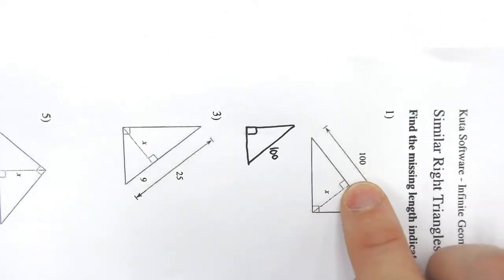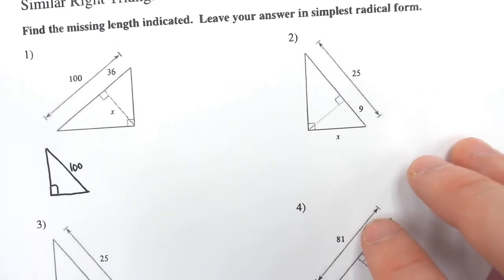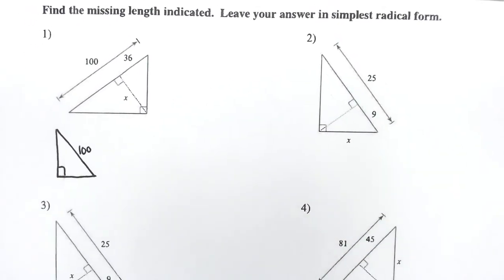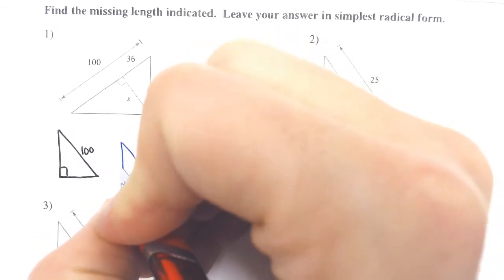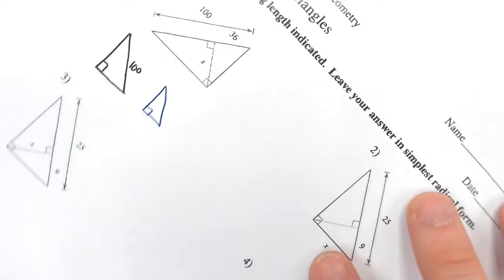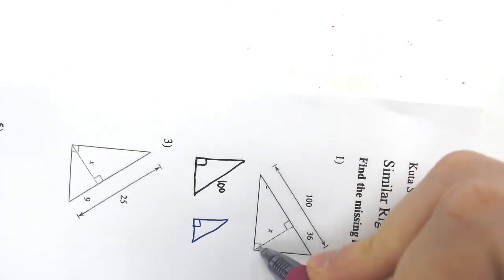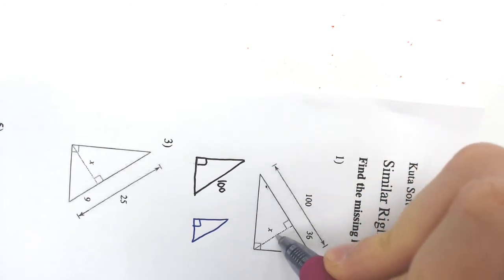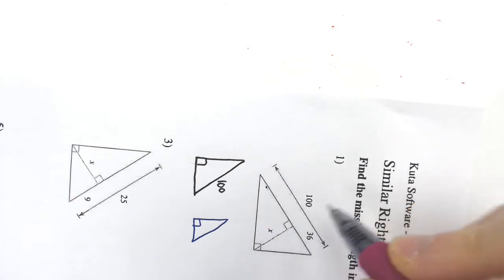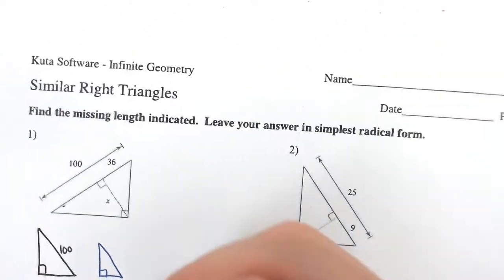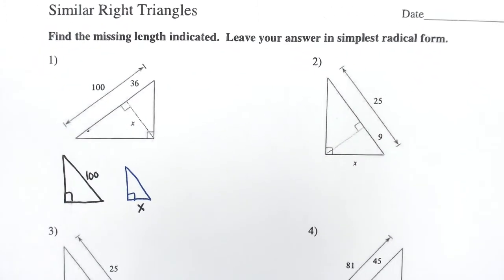Now, I am going to draw the medium triangle, and I'm going to draw it in blue. My medium triangle, when I turn it this way, is going to be right here. Remember, as I just said, this is the bottom of the medium every single time. So I'm going to put x as the bottom of that medium.